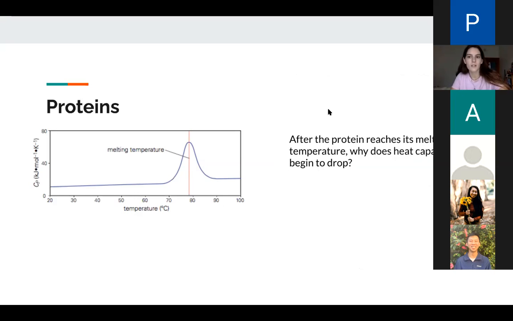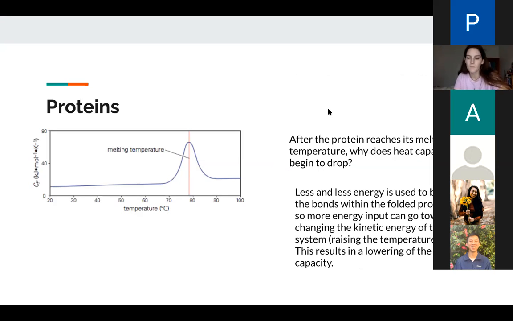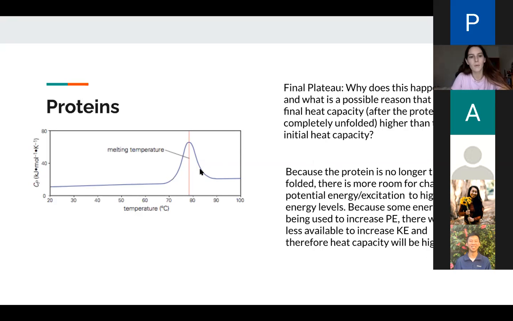And then after the protein reaches the melting point, the heat capacity begins to drop. And this is because less and less energy is being used to break the bonds within the folded protein. And so this energy can go instead towards changing the kinetic energy. So this means that the heat capacity will be lower. And then finally, the heat capacity plateaus at a higher value than it was originally at.